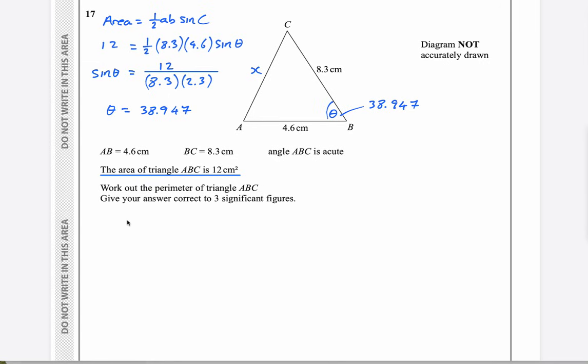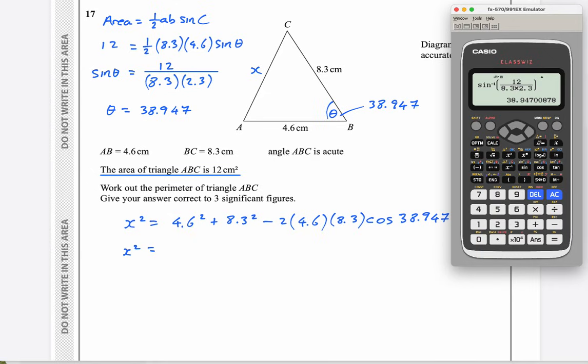And the cosine rule is, again, in the formula booklet: x squared equals this squared plus this squared, 4.6 squared plus 8.3 squared, minus 2 times 4.6 times 8.3 times the cos of the angle, 38.947. Okay, let's just do all this in one go.